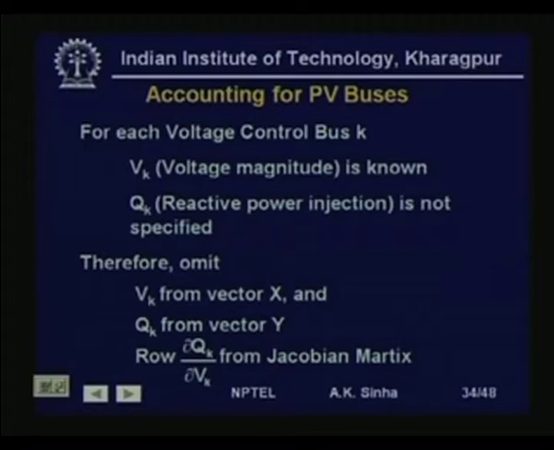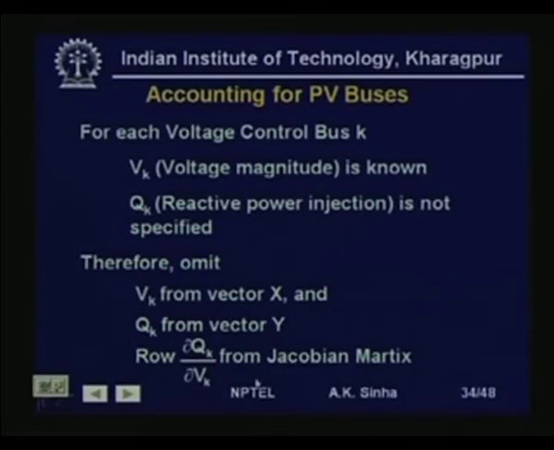Now, what do we do for PV bus bars? For PQ bus bars, we have two equations. For PV bus bars, we know the voltage magnitude. So, we do not need to write the equation for the voltage magnitude.